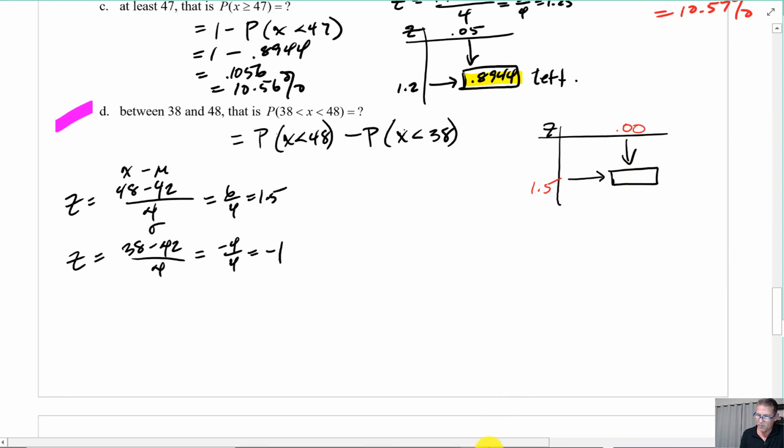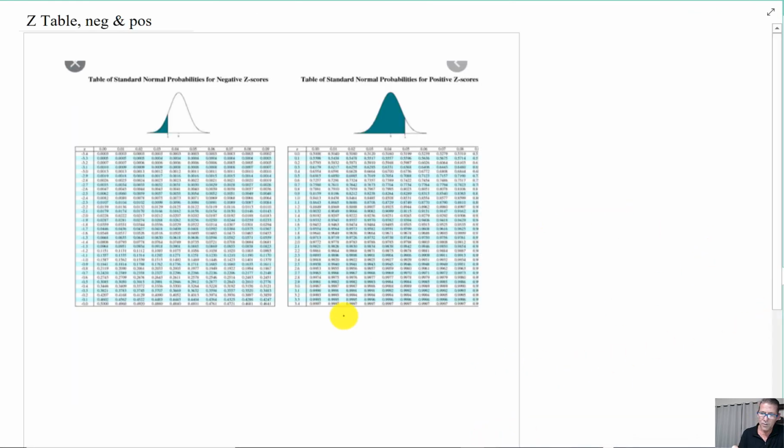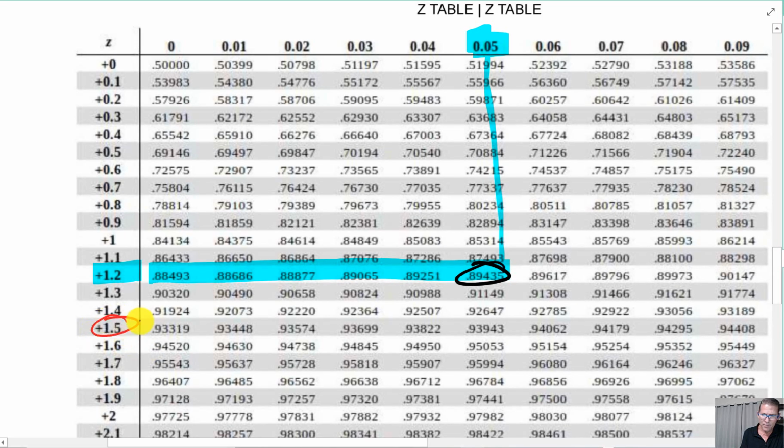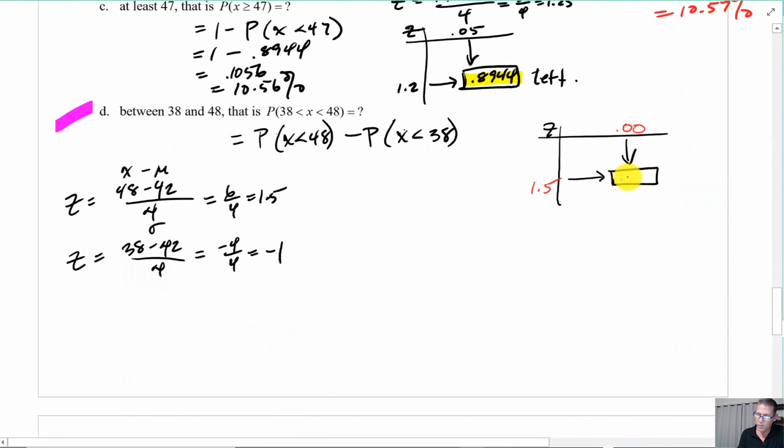And then what's the z-value? Let's go to the positive side. So 1.5 and then 0. You look here, 0.9332. All right, so 0.9332, that's 93.32% if you want to use it as a percentage.